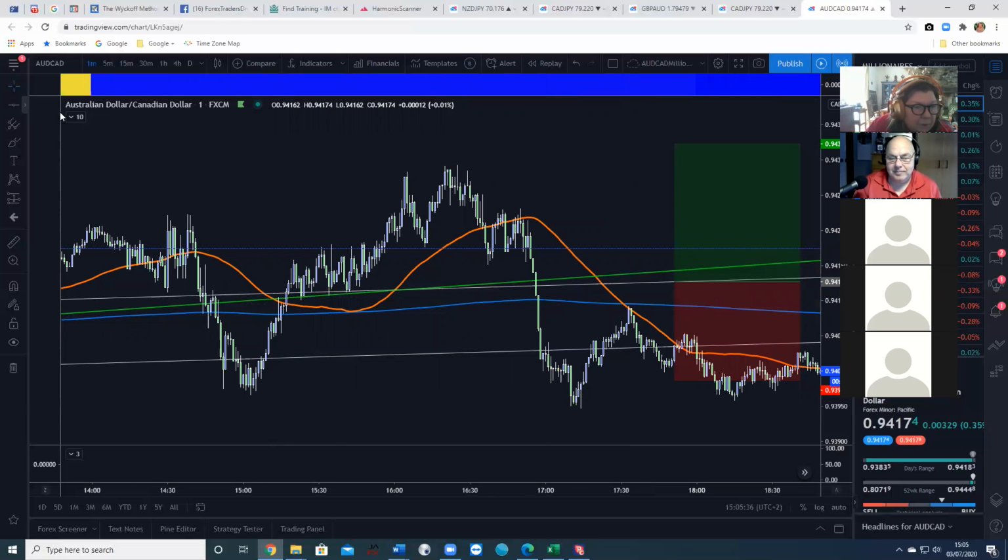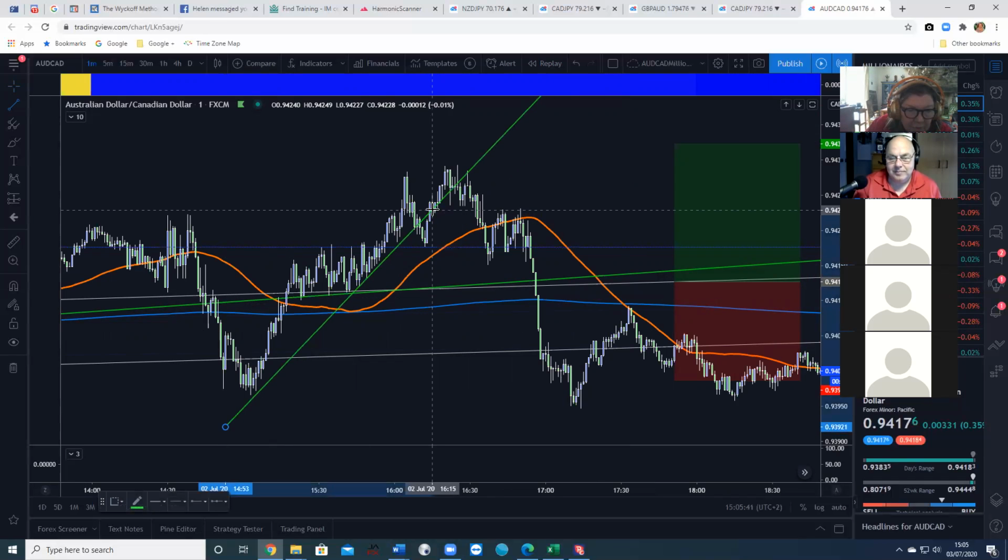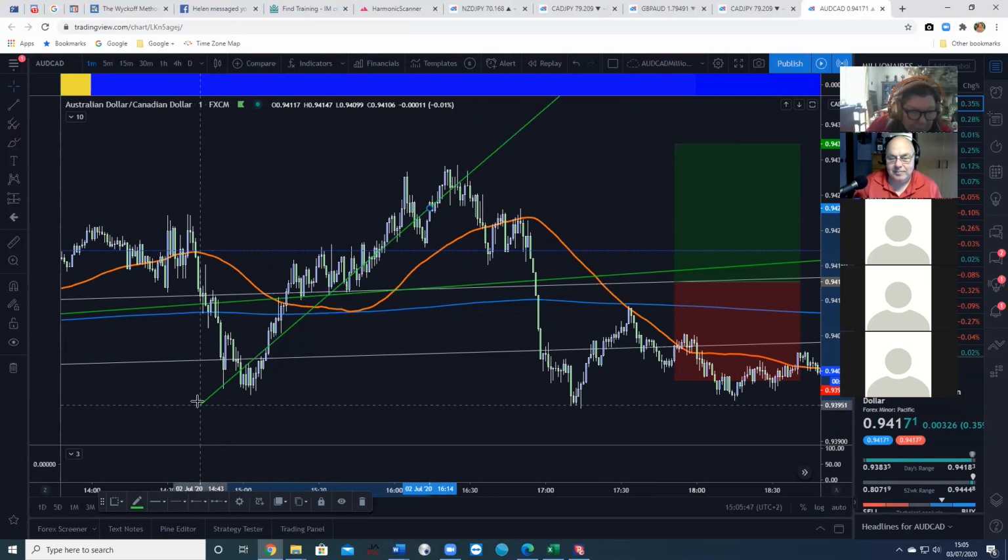And you did have a trend line here, quite a nice trend line there. Or you could have done it back here, because obviously you wouldn't have had all this at the time you were thinking about getting in.